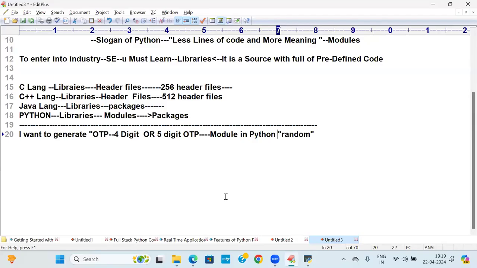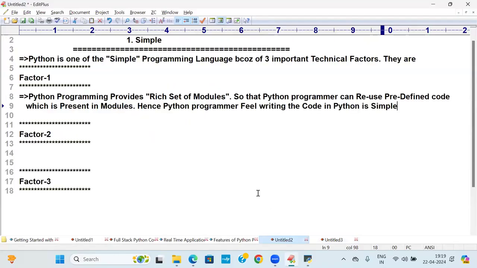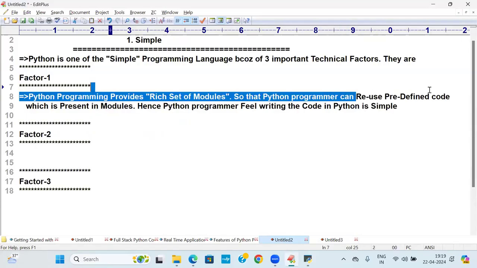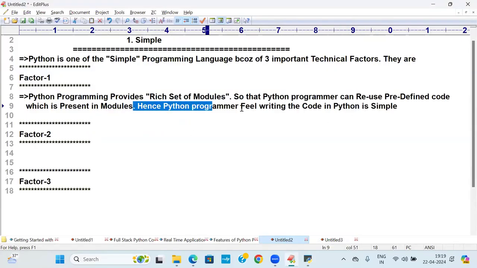Understand, students? Okay. Now coming back to the point: Python is simple or difficult? Simple. Why? It provides what? A rich set of modules. Because of the rich set of modules, a Python programmer will write the code and reuse the code, so the Python programmer feels it is simple to write the code.